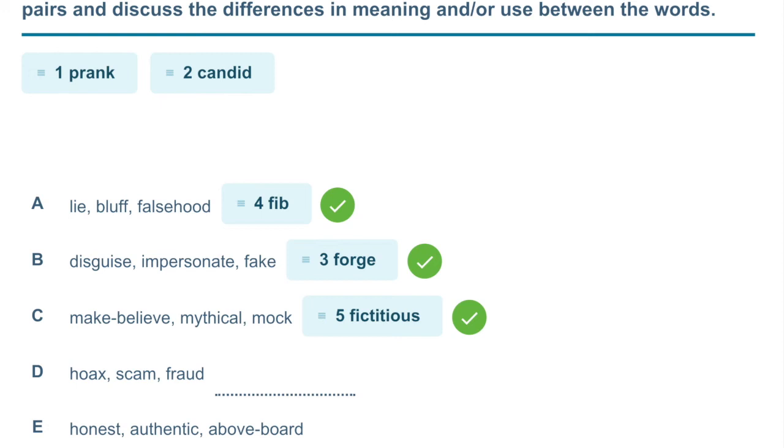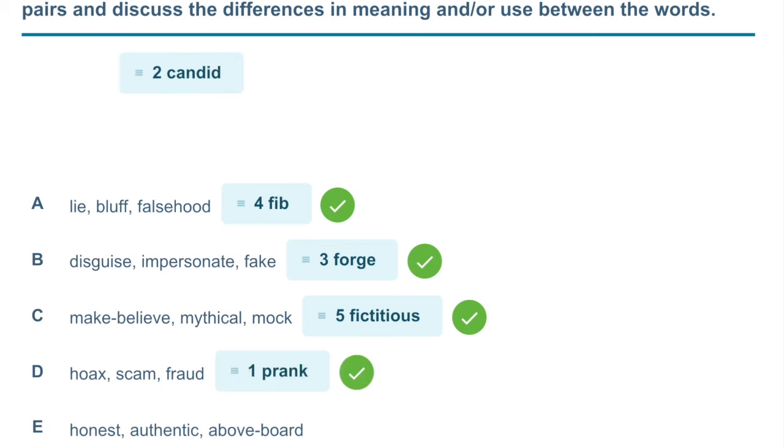So that's the difference between B and C. D: hoax, scam, fraud, and prank. A hoax and a scam being very similar, fraud is a crime, and then prank being like some kind of very heavy joke. And finally we have positive words: honest, authentic, above board, and candid. So that's the way we group these words.